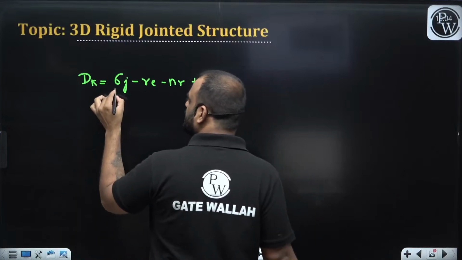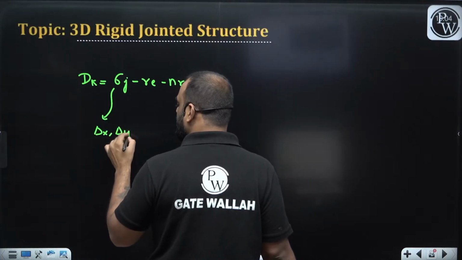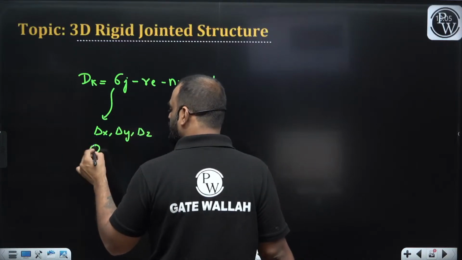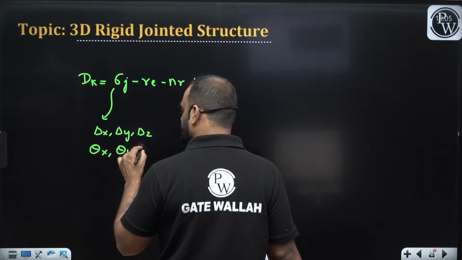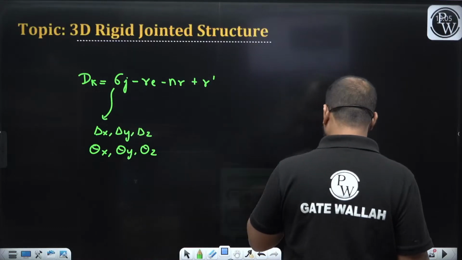Simple. 6 means 6 joint displacements are possible: delta X, delta Y and delta Z, theta X, theta Y and theta Z. Clear? So this is our formula for a 3D rigid jointed structure.